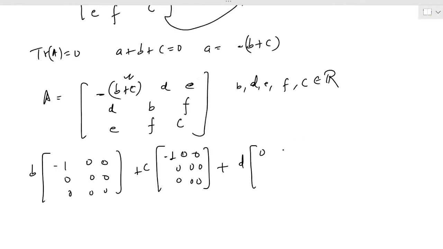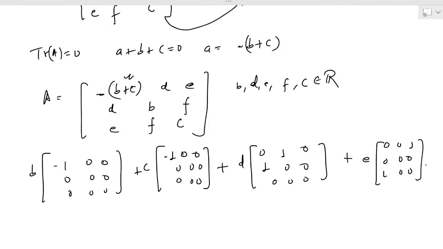So this would be 0, 1, 1, 0, 0, 0, 0, 0, 0. Okay. Then I will get rid of this E. E would be equal to 0, 0, 1, 0, 0, 0, 1, 0, 0, and then I will write F. F would be F times, I think, 0, 0, 0, 0, 0, 1, 0, 1, 0.